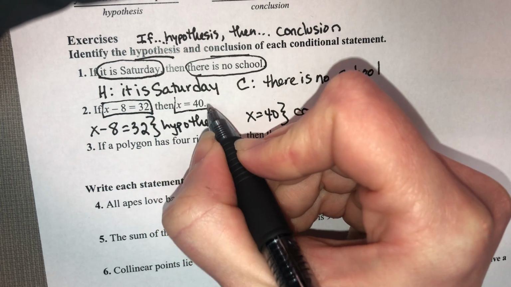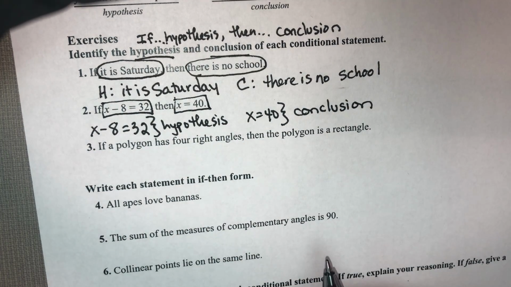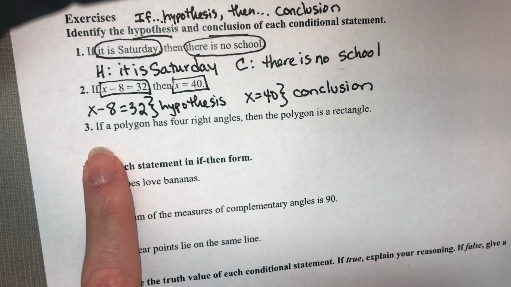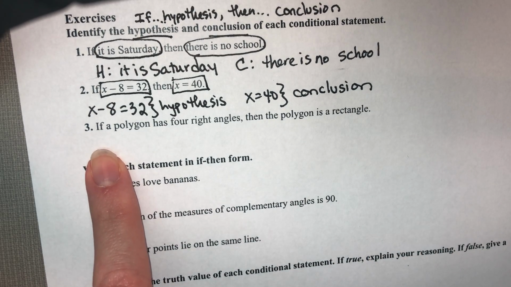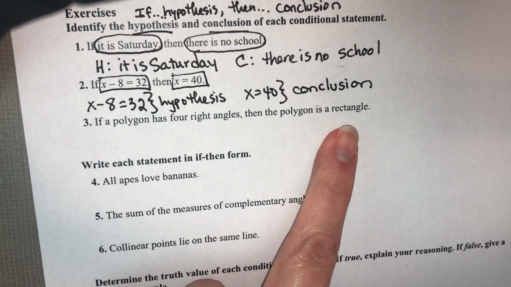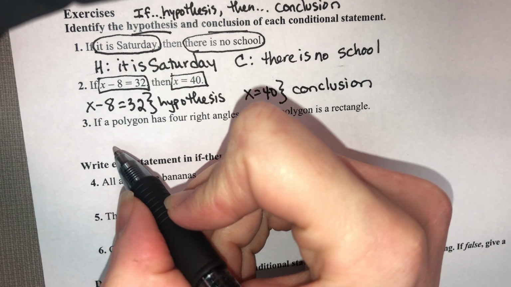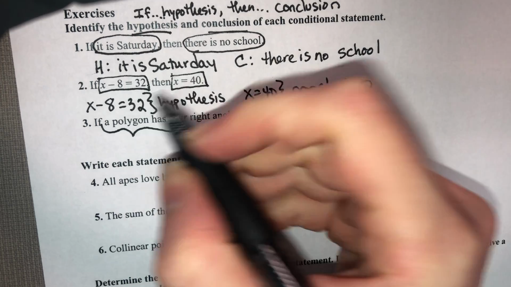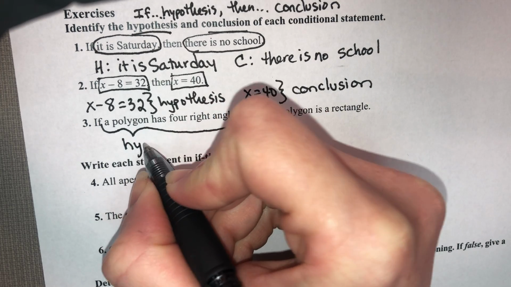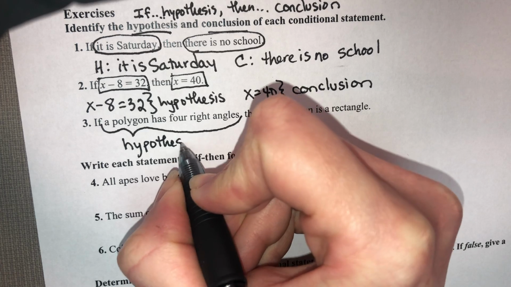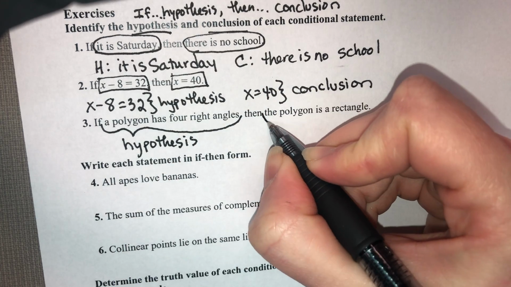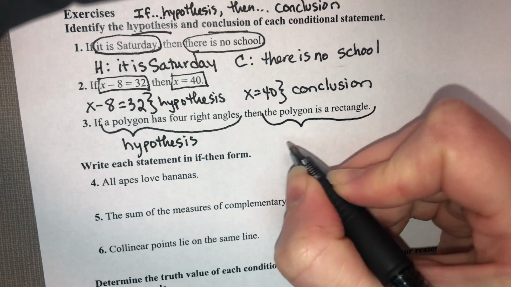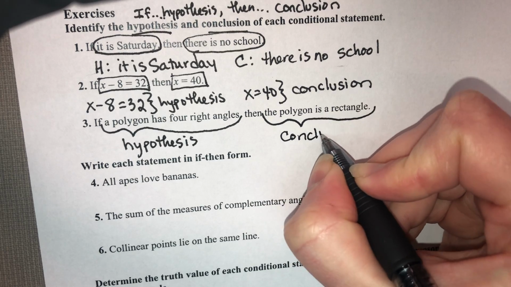The part after the word then is the conclusion. Number 3, if a polygon has 4 right angles, then the polygon is a rectangle. So the words following if, which is a polygon has 4 right angles, that's our hypothesis. And the words following then, the polygon is a rectangle, is our conclusion.